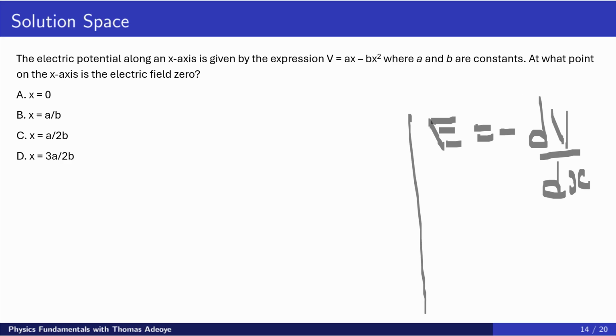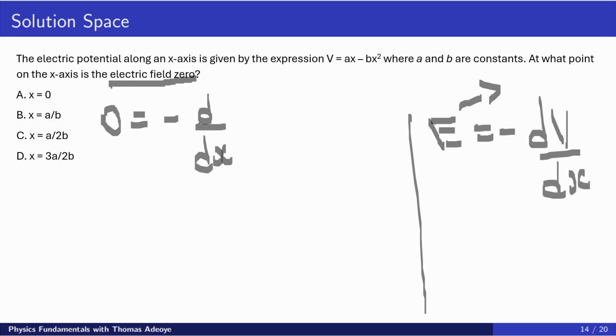So E stands for electric field. Now the next thing is, the question says at what point would the electric field be 0? And this is the electric field, so we have to find the point where this will be 0. So when this is 0, the equation becomes 0 equals minus d dx, which is the derivative.